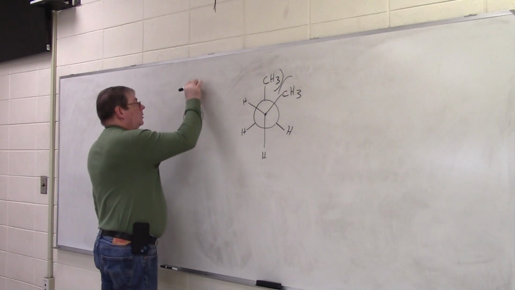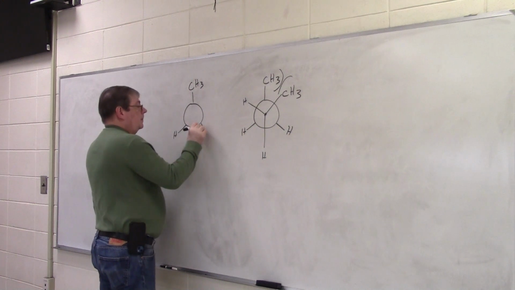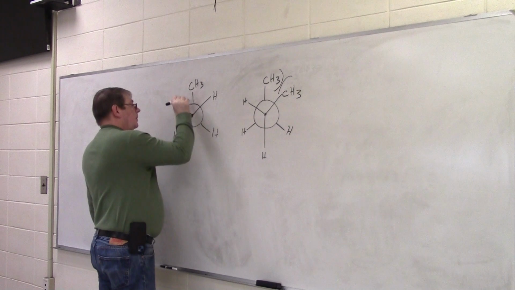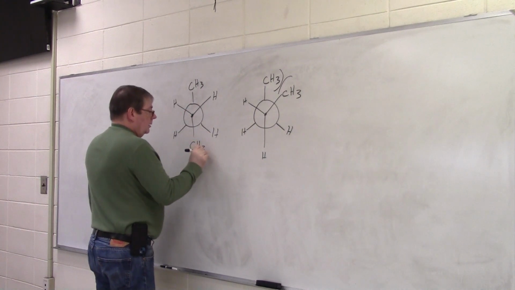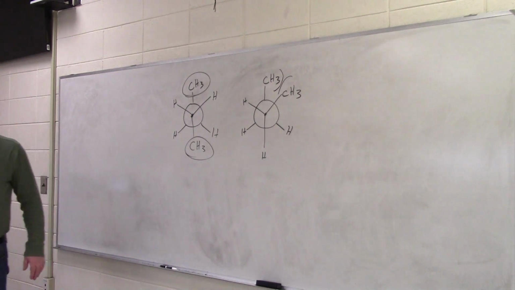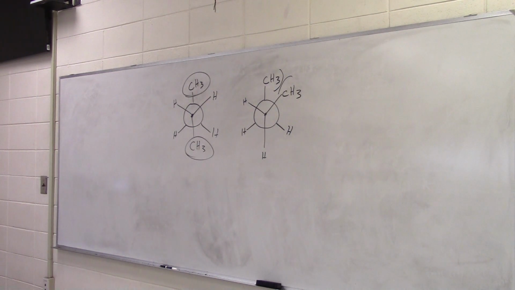So this is the example we did. And these groups are as far apart as they could possibly be when they're 180 degrees to one another. So in an exam question, you would have, say, three different projections, the one on the left with them on opposite ends, and it asks which one is the most stable.